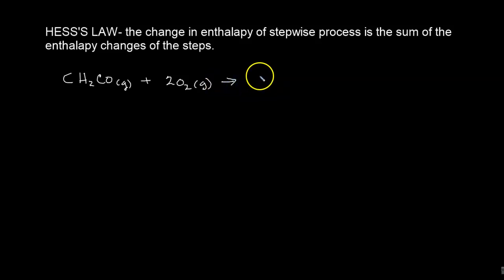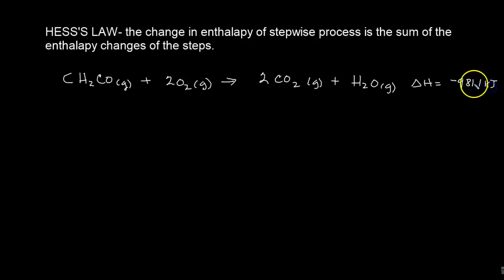And it yields 2CO2 gas plus H2O gas. And we know the heat of the reaction here is negative 981.1 kilojoules. Now, I'm just going to do a couple of things to this problem, showing you as an example.